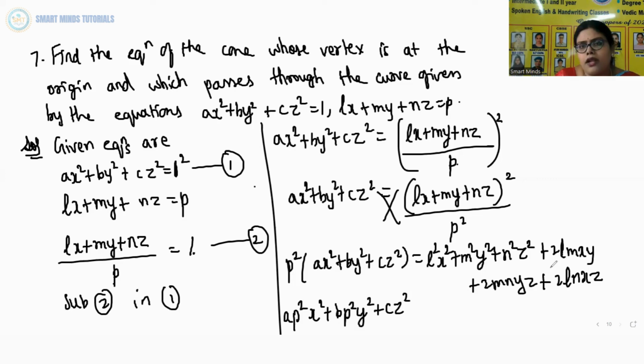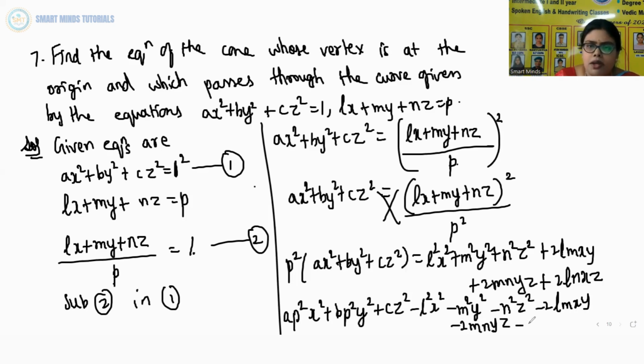Now I'm taking all the right hand side terms to the left hand side. So minus l²x² minus m²y² minus n²z² minus 2lmxy minus 2mnyz minus 2lnxz is equal to 0. After this, now we are taking x² common.